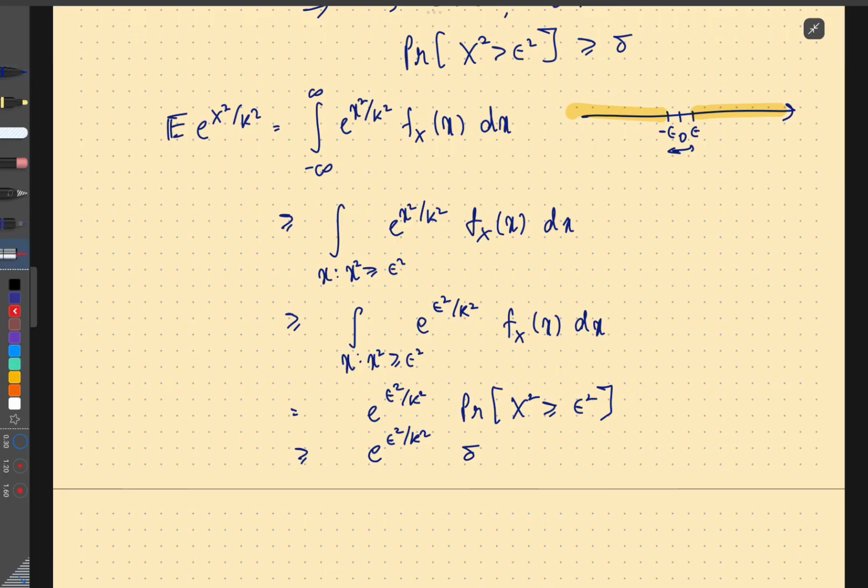Now if I look at the right hand side, what happens as I let k tend to 0? Eventually at some point it should be larger than 2, because the right hand side is a monotonically increasing function of 1 over k. As k tends to 0, the right hand side tends to infinity. At some point it should hit 2.